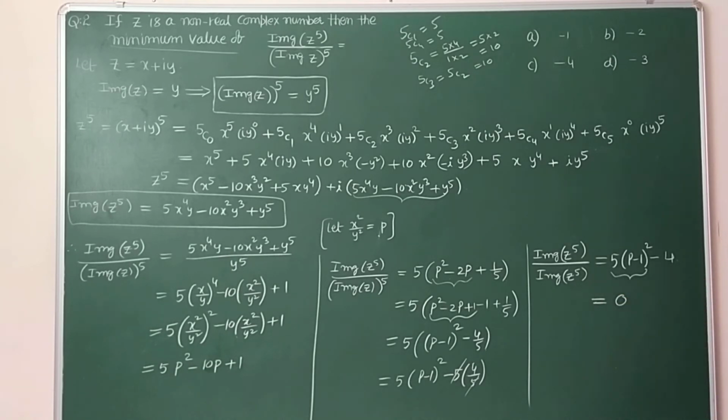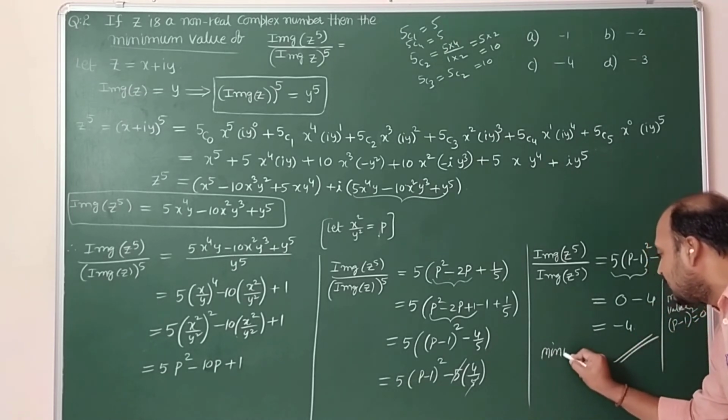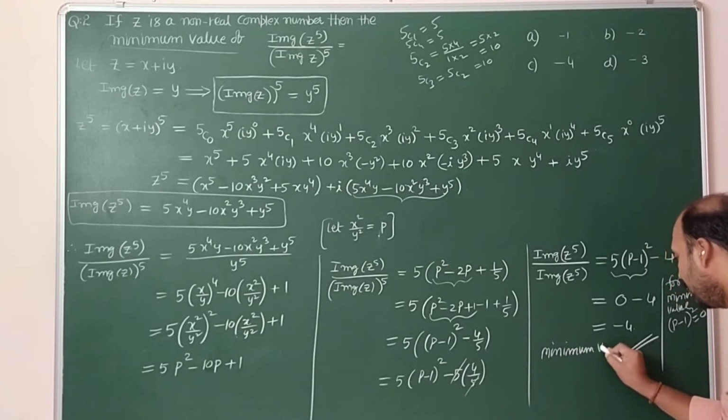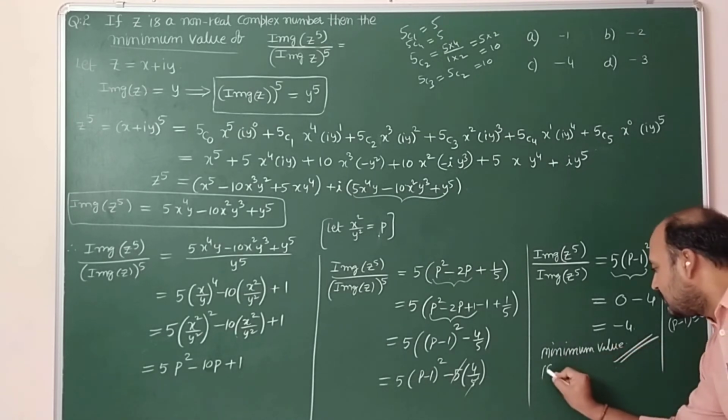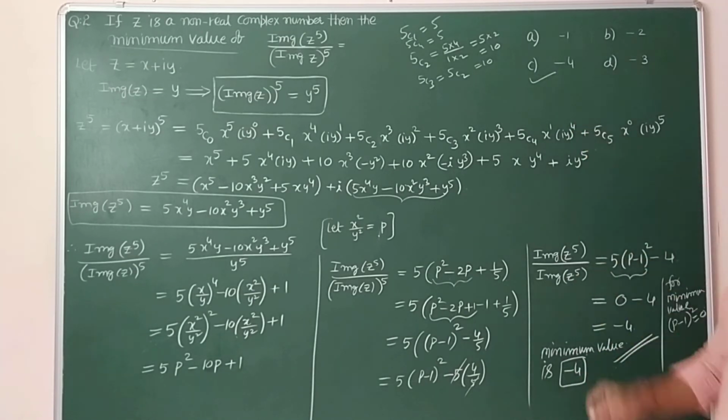So for minimum value, p minus 1 whole square value goes to be 0. So whenever this value goes to be 0, it will become 0 minus 4. Minus 4 is the minimum value. Therefore, minimum value is minus 4, which is there in the third option.